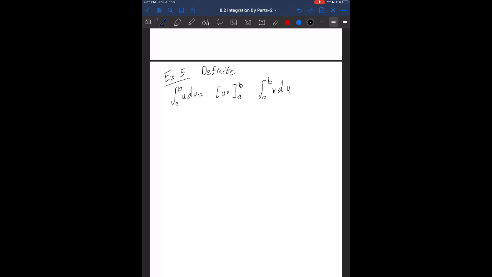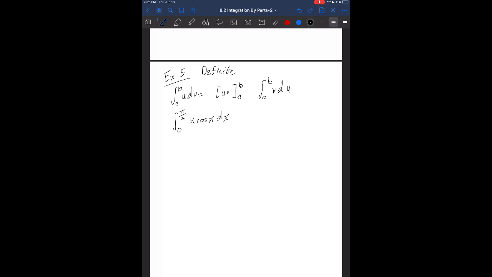Okay. So just going over a quick example of this, we take the integral from 0 to pi over 2 of x cosine x dx. Now, for this problem, we can pick our u as x. Makes sense, it's a polynomial.